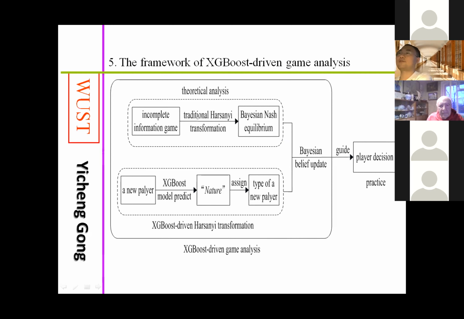We can do the traditional Harsanyi transformation, and we can get the Bayesian-Nash equilibrium by theoretical analysis. On the other hand, for a new player, we can use the XGBoost model to predict the type, and we give the probability to Nature.